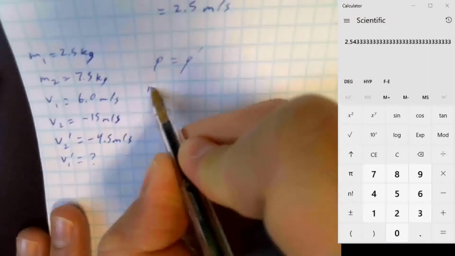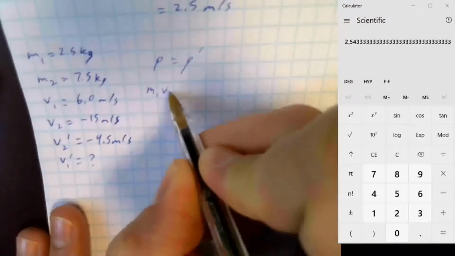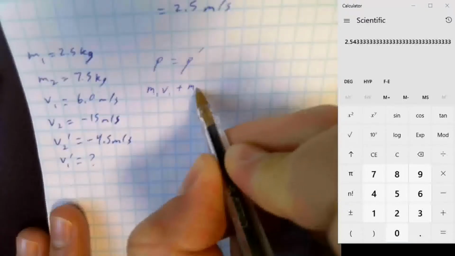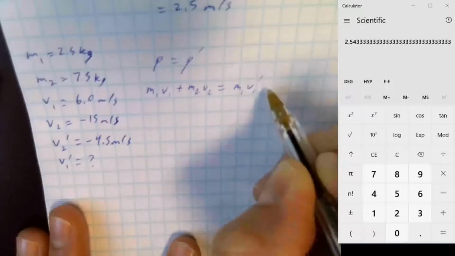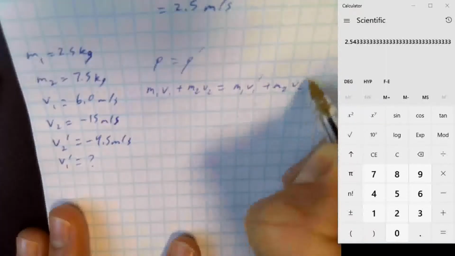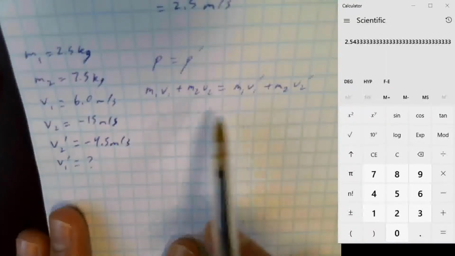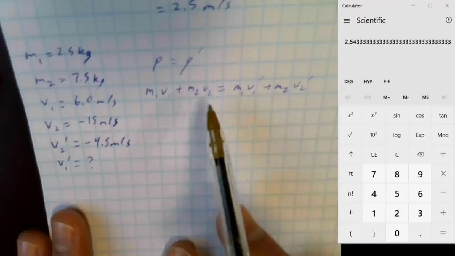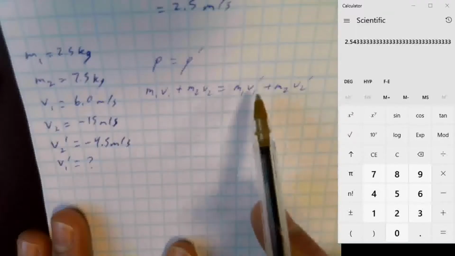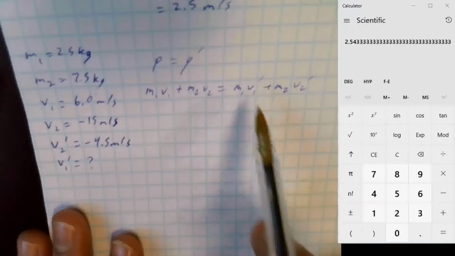Our M1 V1 plus our M2 V2 is equal to our M1 V1 prime plus our M2 V2 prime. None of these values are 0. So we have to rearrange for V1 prime.